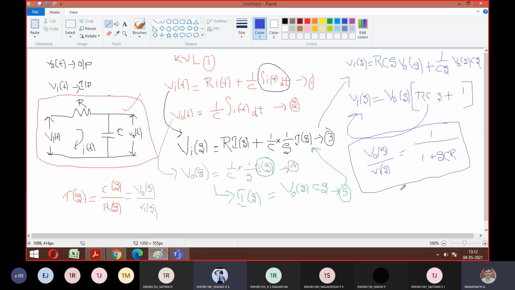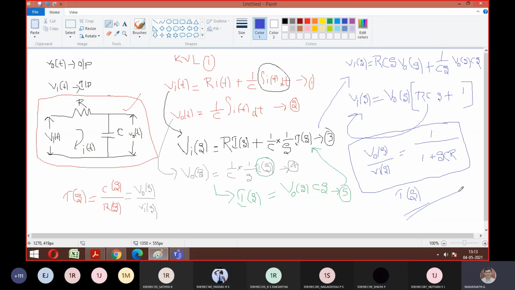Is this the transfer function we are looking for? Is it fine to everyone? So you can expect this for 6 to 8 marks as a first topic in this module number 2. This is one type of question you can expect.